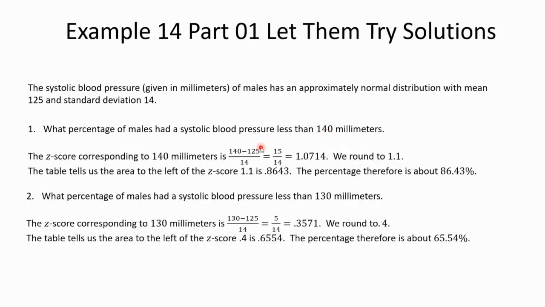That's what I'm doing here. Then we get the area to the left of that. So when you get the z-score here, again, you subtract the mean and divide by the standard deviation. And that gives you this, 1.0714. Now, to use the table, we would round to 1.1.